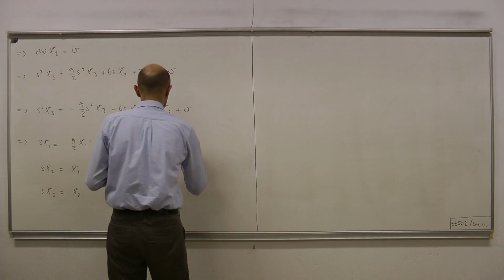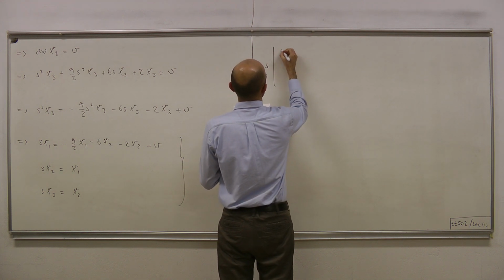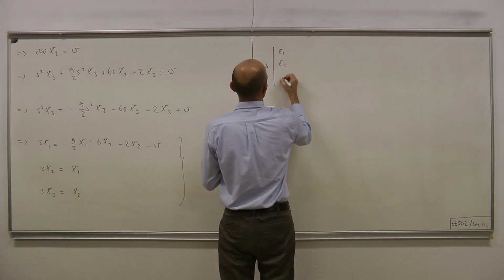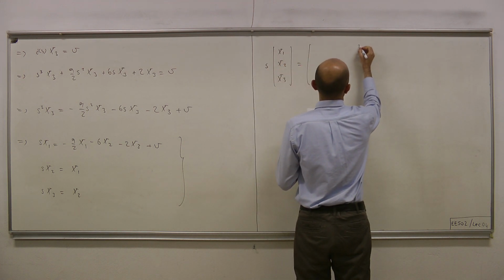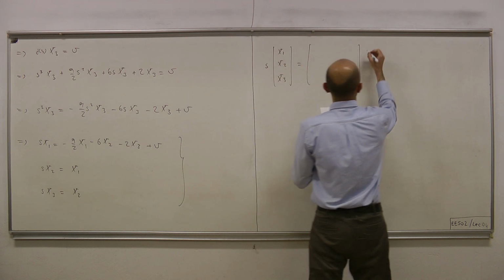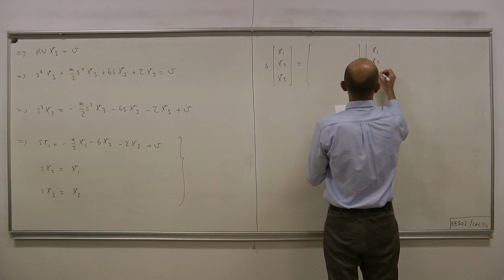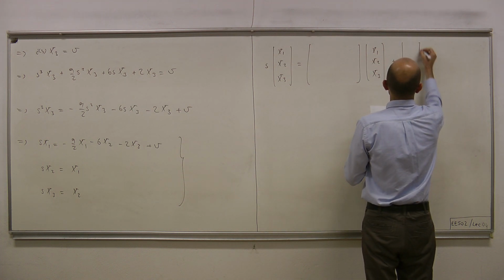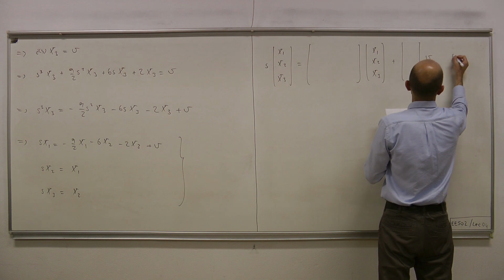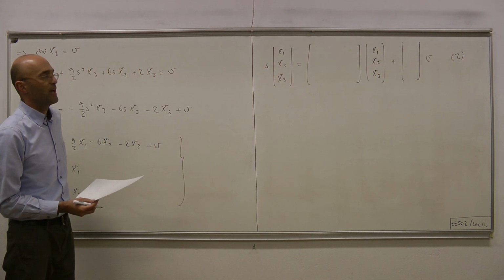So let's collect these and rewrite them in matrix form: s times x1, x2, x3 equals some matrix times x1, x2, x3 plus some matrix times u. This will be our equation number 2, and it will give us the A and B matrices.